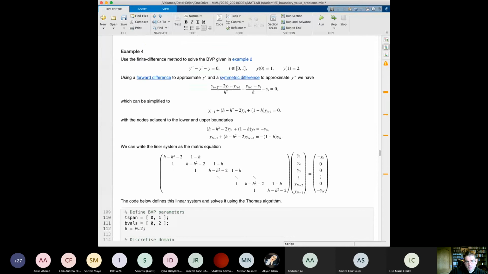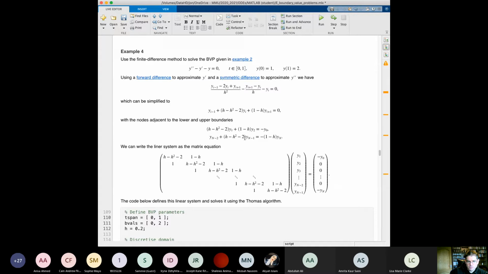Multiply throughout by h squared. Okay, and do some algebraic simplification. And we have this sort of general form. Now the nodes adjacent to the lower and upper boundaries, since we know what the boundary values are, okay, in this case the right hand side is just 0, but we know what y0 is.